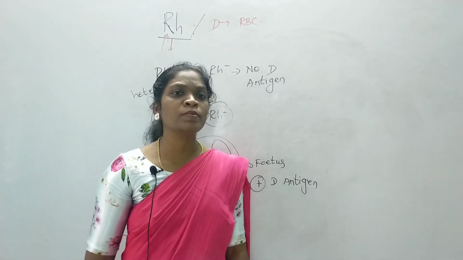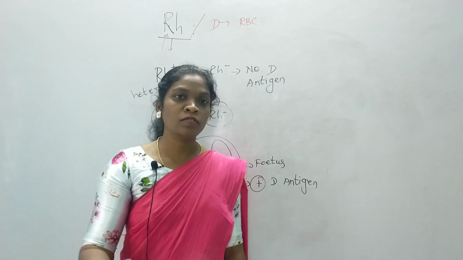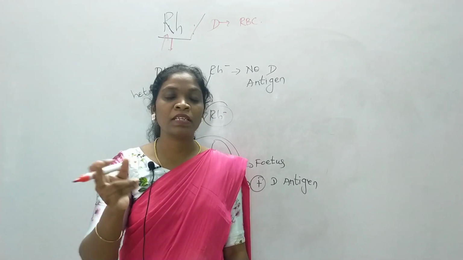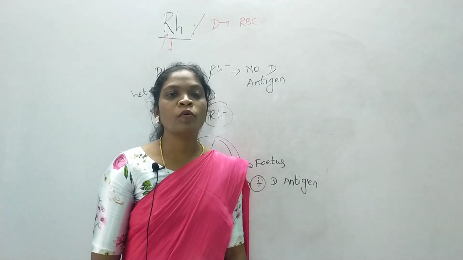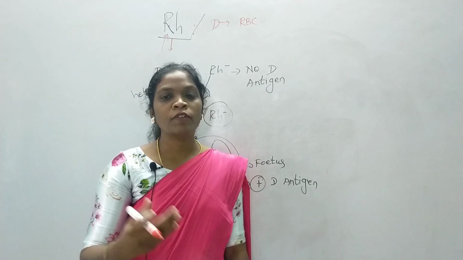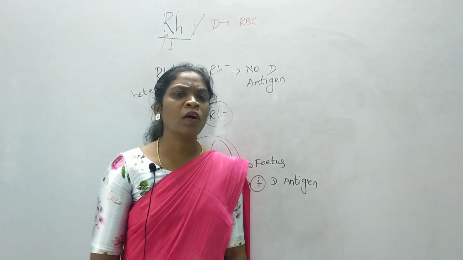What is the secondary immune response? When the primary immune response is over, the WBCs will keep it in memory. When the same pathogen enters the body for the second time, the destruction of the pathogen will be very fast because the WBCs have a memory of how to encounter it.